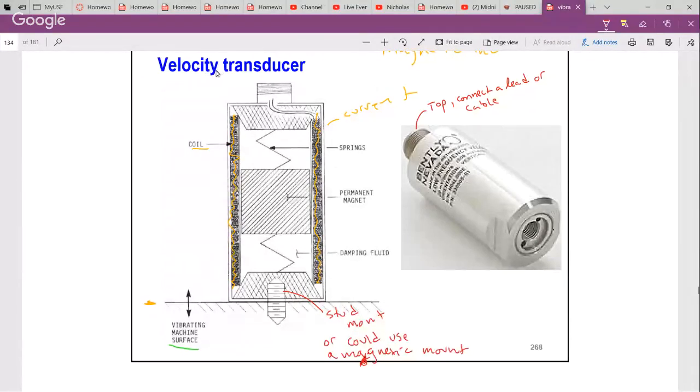We have a permanent magnet suspended within the case. So the outer case here, we have a permanent magnet suspended in the case, and then around the perimeter of the case on the inside, we have a coil. So if you were to move, forget vibration for a minute, if you were to grab this, somehow get your fingers inside here, grab that and move it up and down, what are you doing?